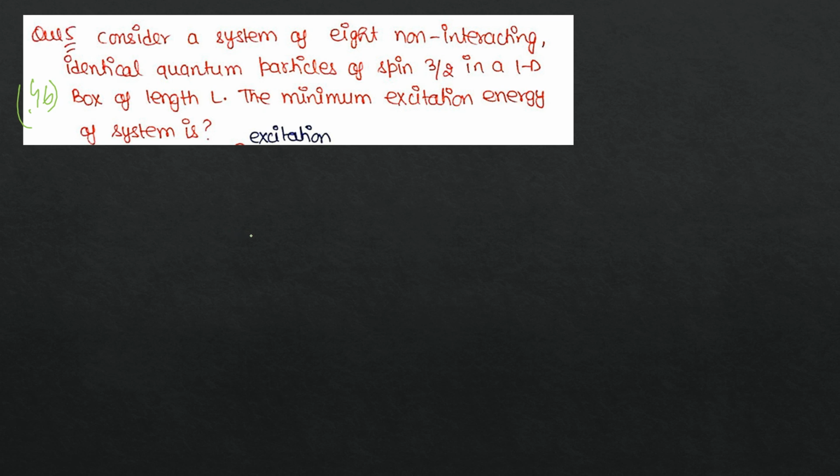Consider a system of 8 non-interacting identical quantum particles of spin 3 by 2 in a 1D box of length L. The minimum excitation energy of the system is. Okay, so now there are 8 particles of spin 3 by 2 in a 1D box of length L.